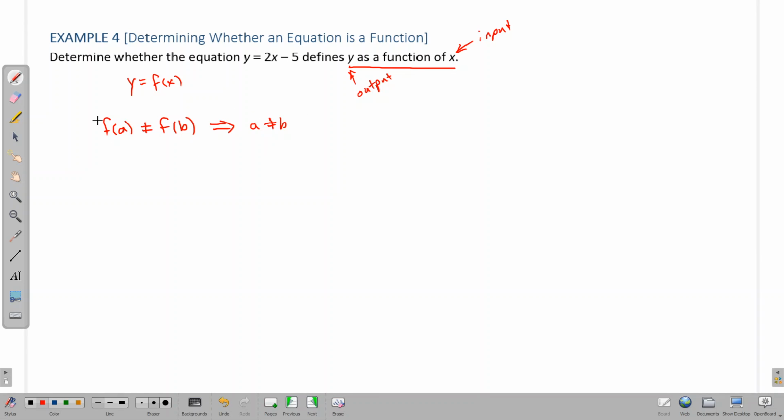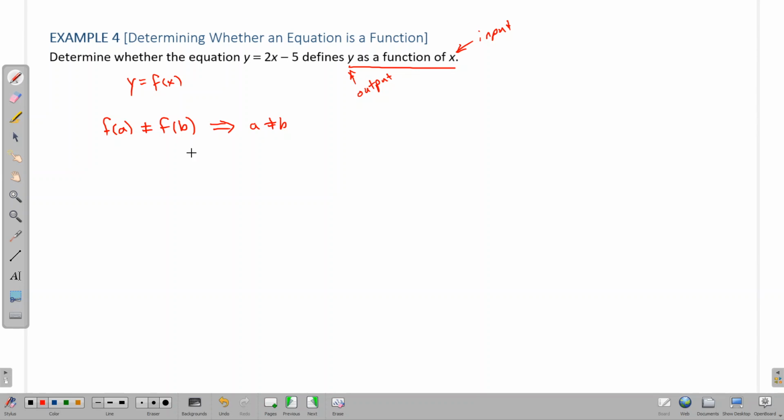You could use this to prove this equation is a function, but it's going to be easier to use an equivalent statement. This is a conditional statement, an if-then statement, and if you remember, the contrapositive is equivalent to a conditional statement. We get a contrapositive by reversing these 2 things and negating them.